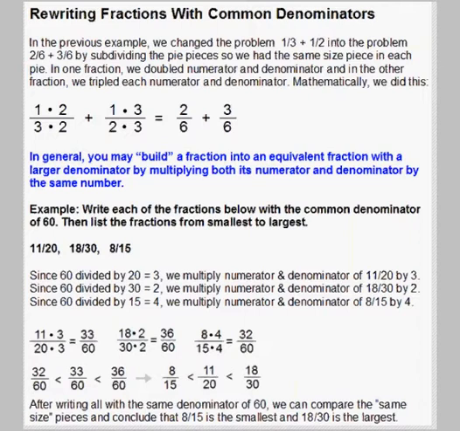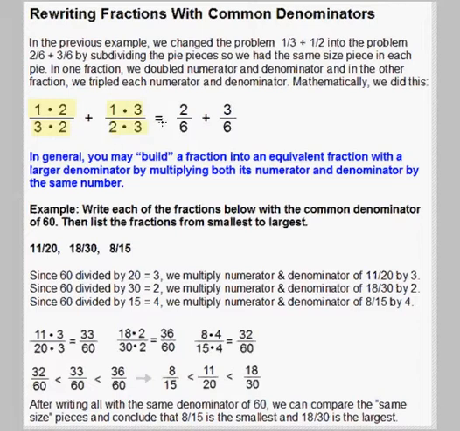If you noticed in the pie example, we changed 1/3 plus 1/2 into the problem 2/6 plus 3/6. And what we're really doing here is we're doubling both 1 and 3 in one fraction, and tripling 1 and 2 in the other fraction. We take 1/3, we multiply the 1 by the 2, we multiply the 3 by the 2. The 1/2 fraction, we take the 1 times 3, and we multiply 2 times 3.